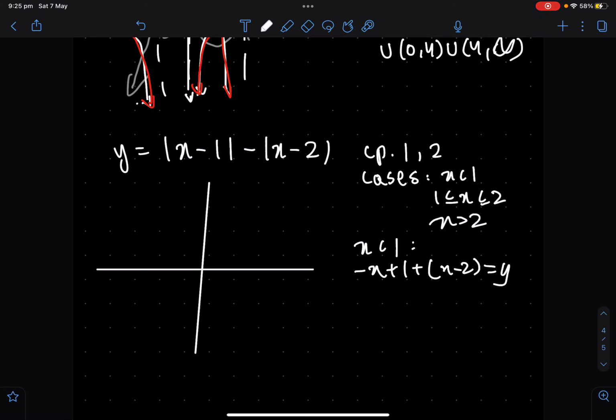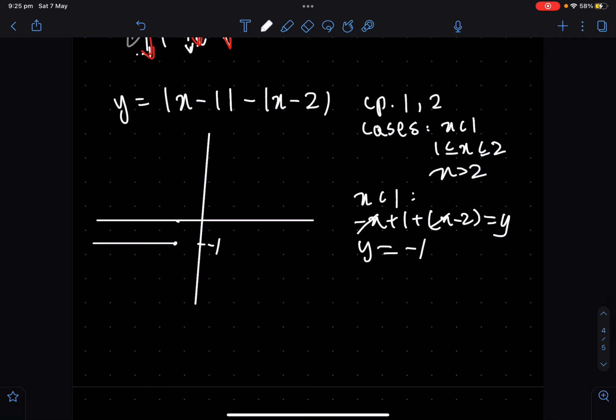The x and this x cancel out, and we have y is equal to negative 1. So in our domain of x less than 1, our equation is y is equal to negative 1.